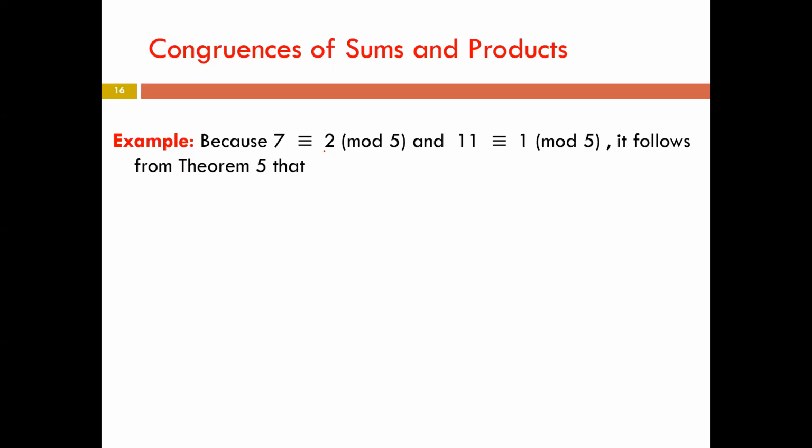The remainder of 7 divided by 5 is 2, and the remainder of 11 divided by 5 is 1. So we can say that the sum 18 is congruent to 3 mod 5, and that the product 77 is congruent to 2 mod 5.